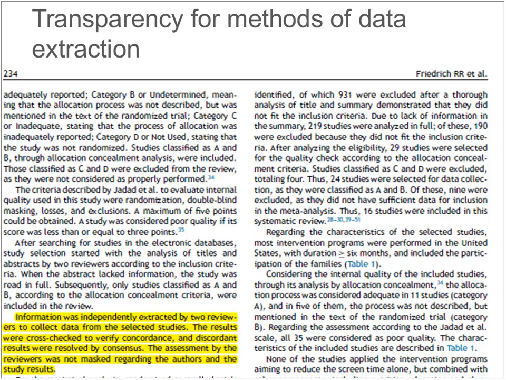Again, here we have a nice paragraph, which is still part of methods, saying the information was independently extracted by 2 reviewers to collect data from those selected studies. The results were cross-checked to verify concordance, and discordant results were resolved by consensus.